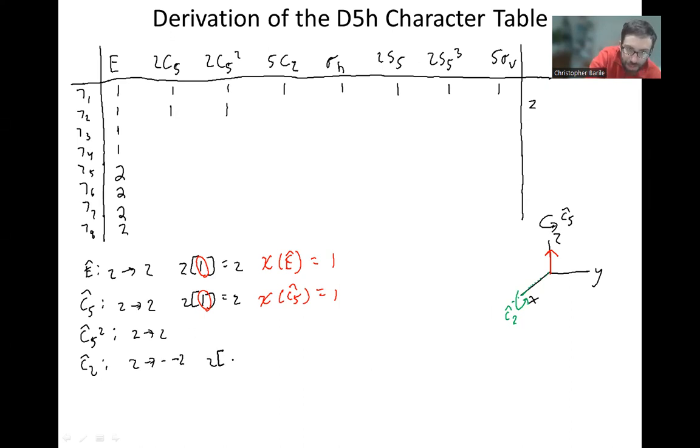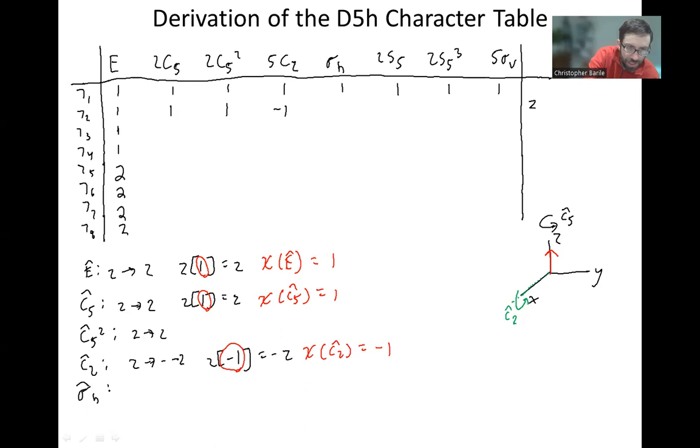And that means that there's a 1-by-1 matrix with the element -1 that describes the transformation of z going to negative z. We take the trace of that matrix, and the character chi of the C2 operation, therefore, is -1. And so now we put a -1 there. That's actually a good sign because it shows us that z isn't transforming as gamma 1, which we had already derived, but it transforms as something different because we have a -1 here. So we're using this as a way to derive a new irreducible representation.